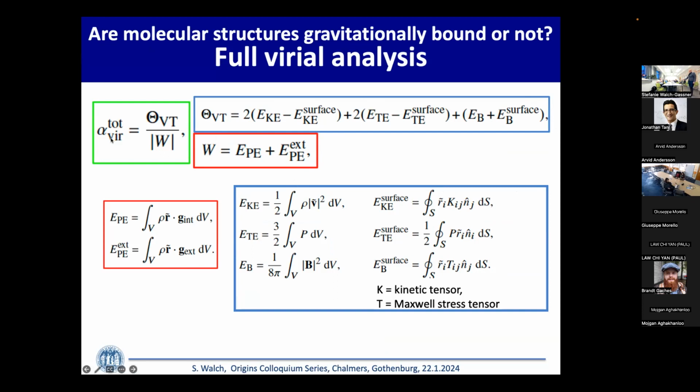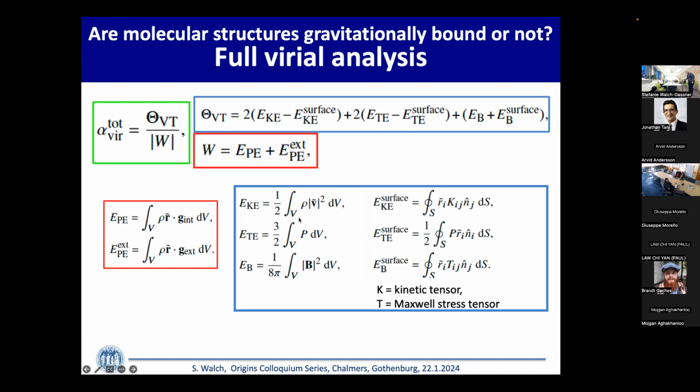So the total virial alpha, which I introduce here, now is the ratio of the sum of all the volume and surface terms for kinetic, thermal, and magnetic energy. And for the potential energy, it is the volume, so really the self-gravity and the tidal forces, so to say.